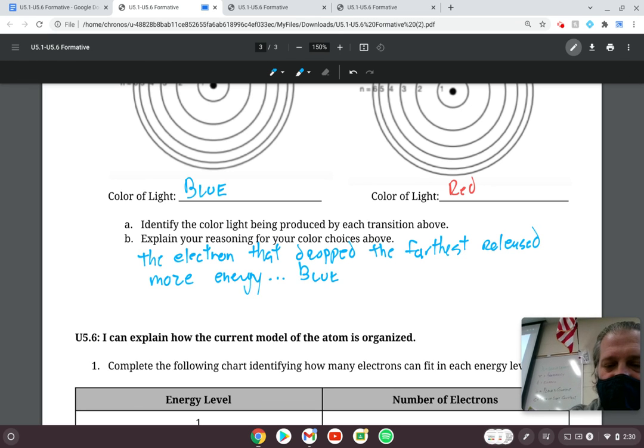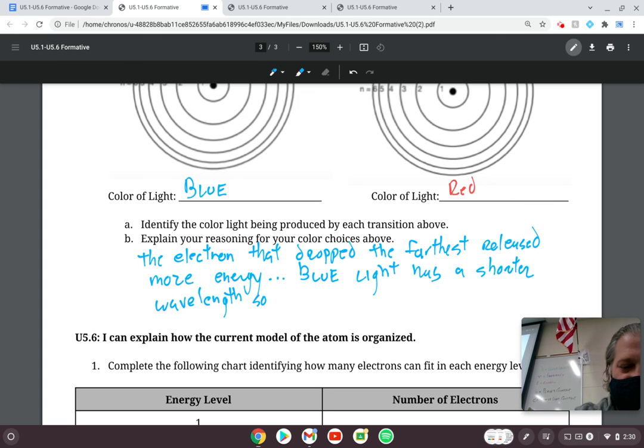Blue light has a shorter wavelength, so it has more energy.